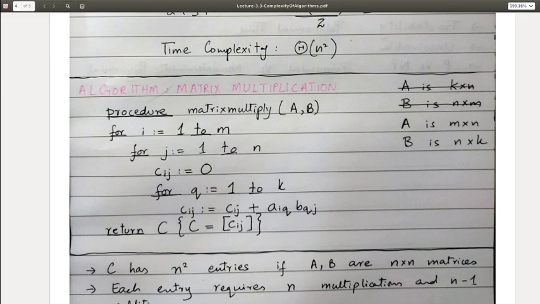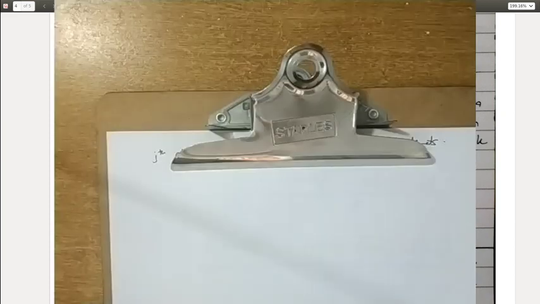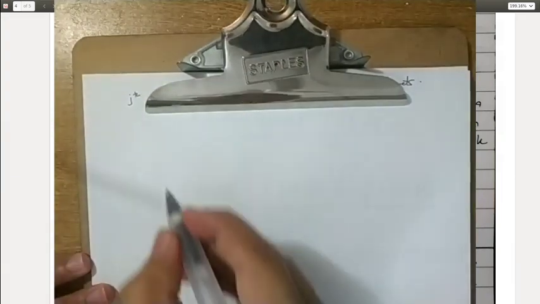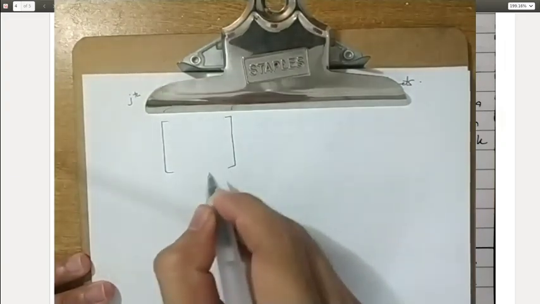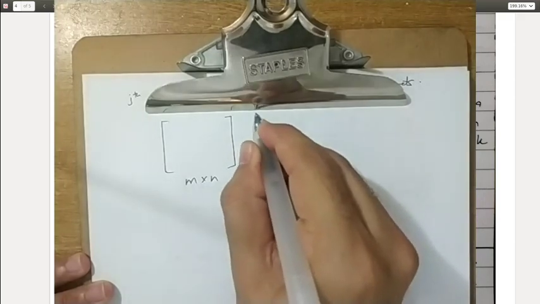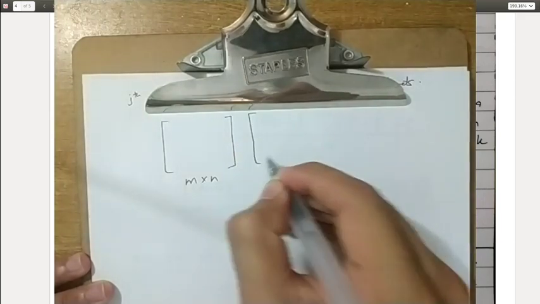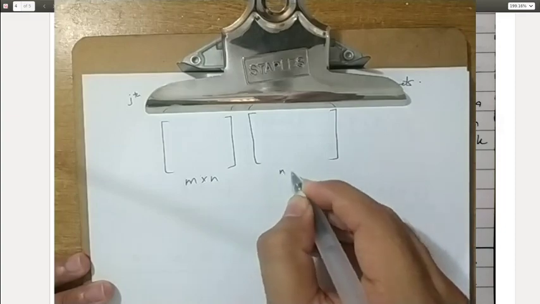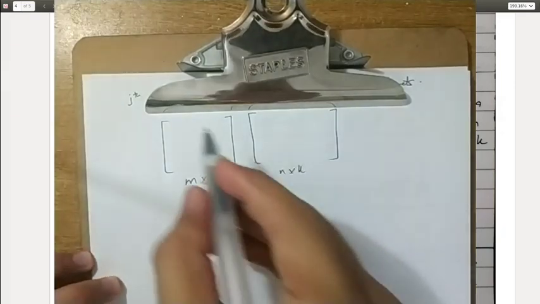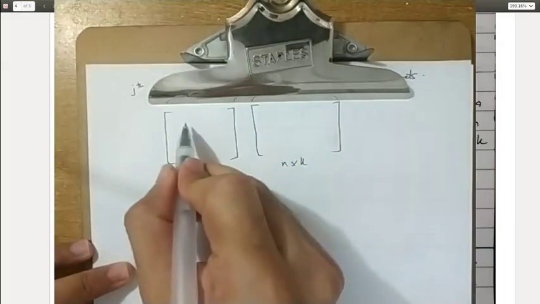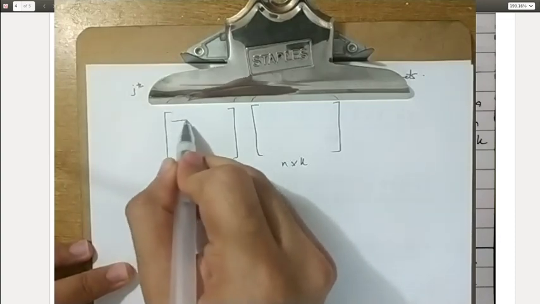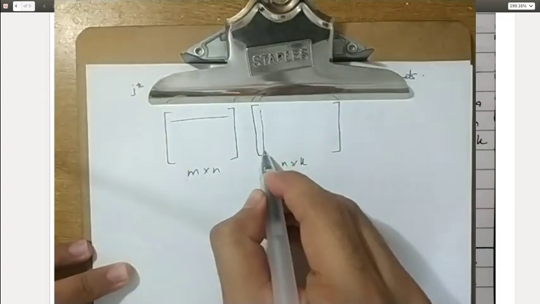Let's suppose you're multiplying two matrices. When you multiply two matrices, let's suppose the first is m by n and the second is n by k, you can actually think of this multiplication. Let's suppose you have an m by n matrix which is being multiplied by an n by k matrix. What you do for each element is notice that you do one row and multiply it by one column.